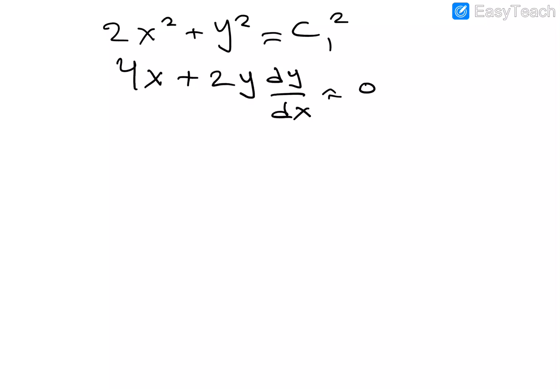So what we're going to do is we're going to move this negative 4 to the other side. And then we're going to divide by 2y.